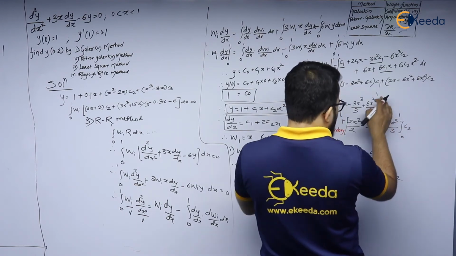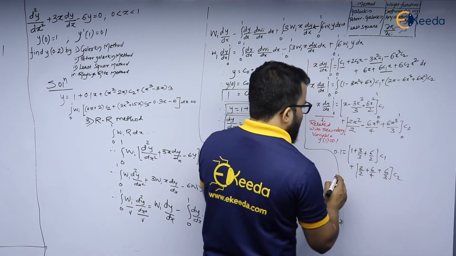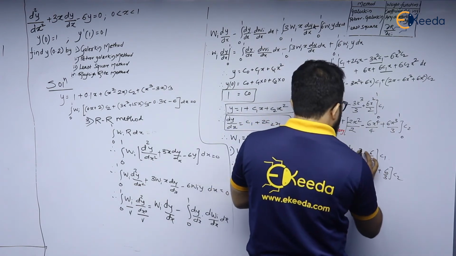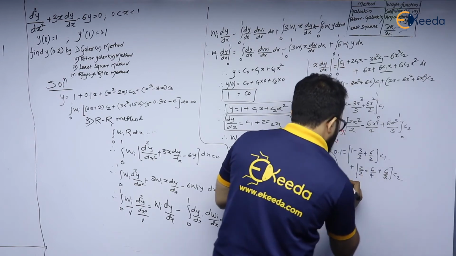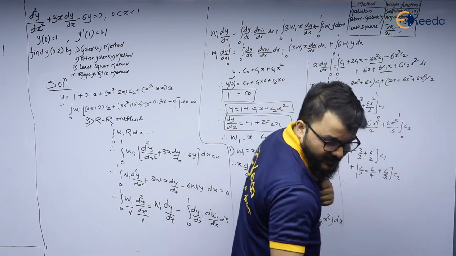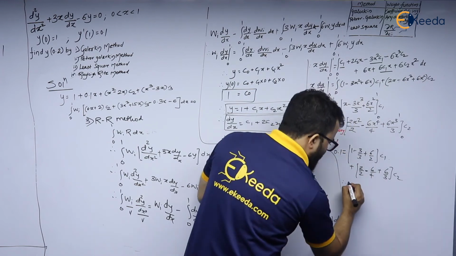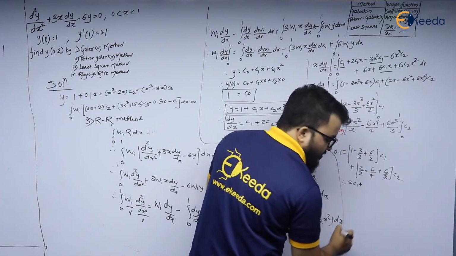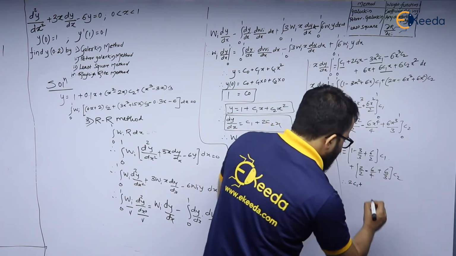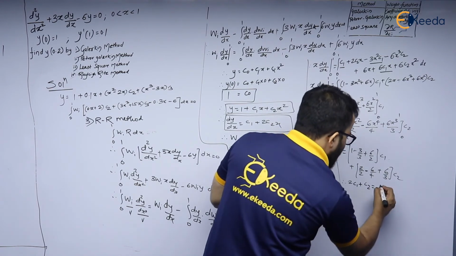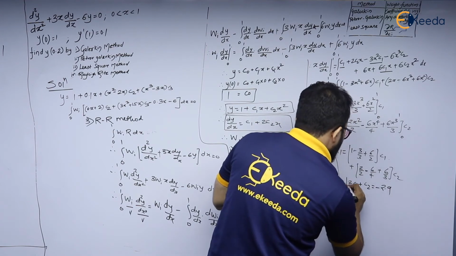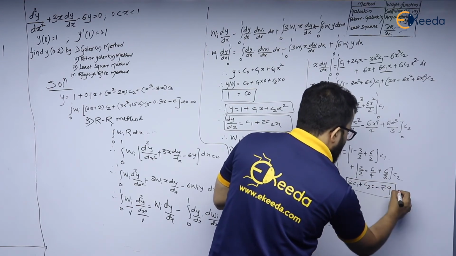And if I put the upper limit and lower limit, my equation looks like 2c1 plus c2 is equal to minus 2.9. So this is my equation number 1.